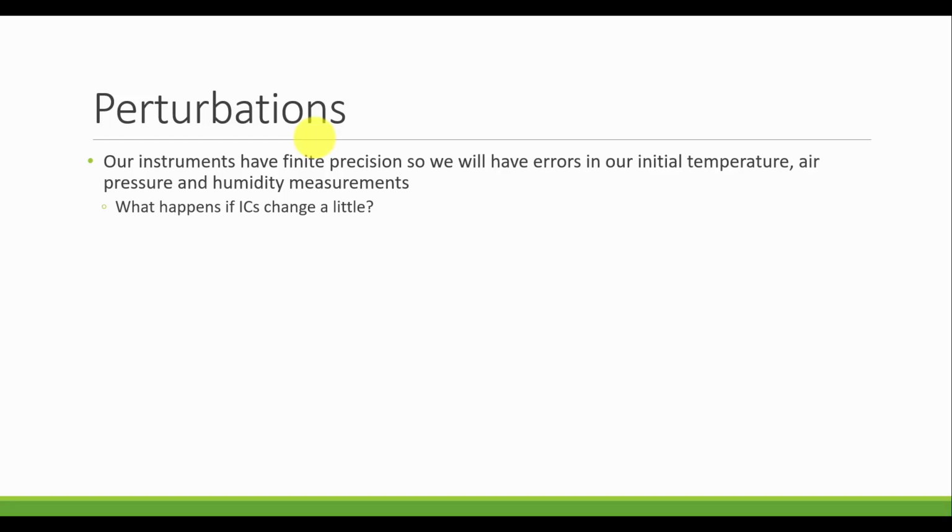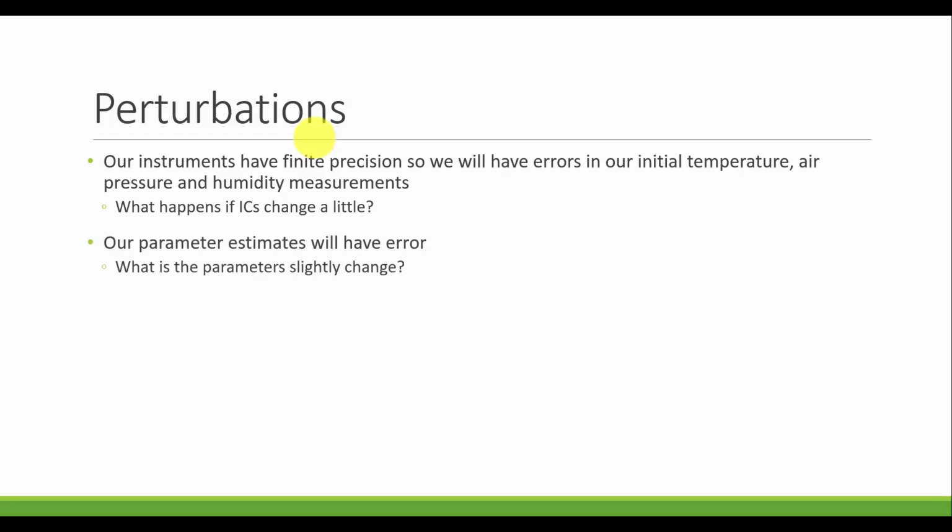So what happens if our measurements are just not precise enough, or we're getting small differences at the 5th to 6th decimal place? How is that going to affect the forecast that we're making using our model? So first, we'll look at perturbing the initial conditions and how it affects it.